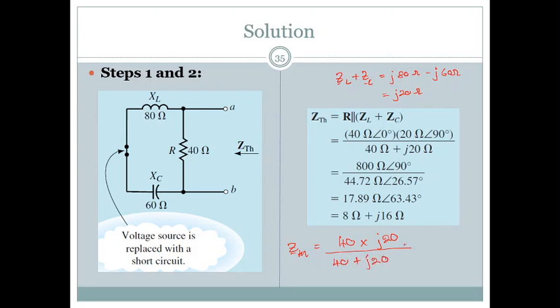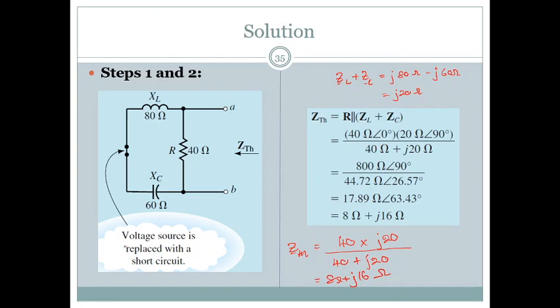If I do that calculation, 40 into 20j divided by, within brackets, 40 plus 20j, which will be 8 plus j16 ohms, right? So you get the same answer.